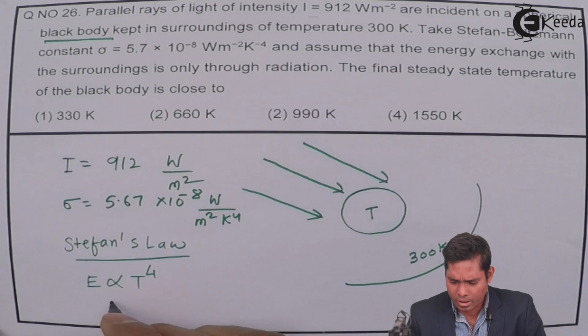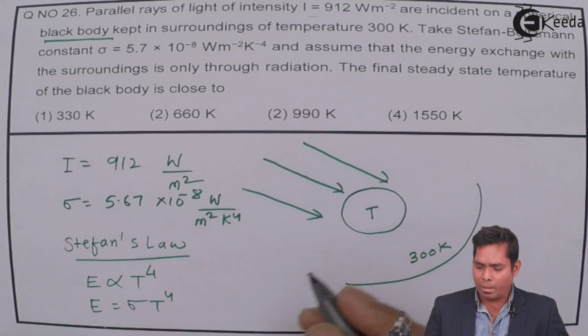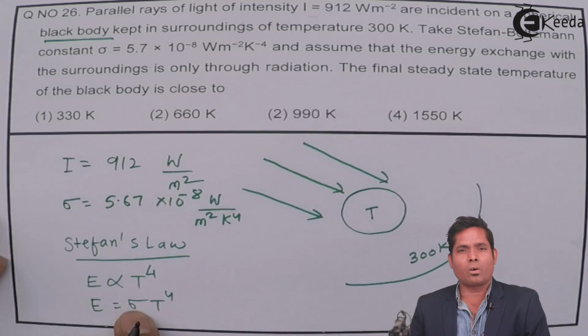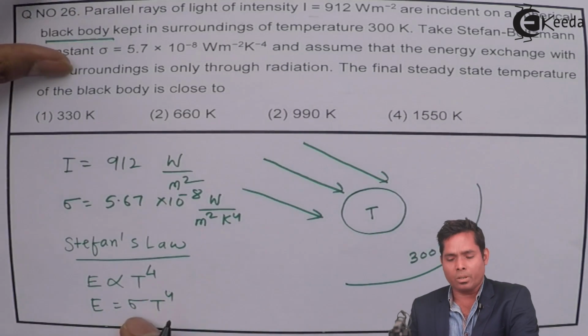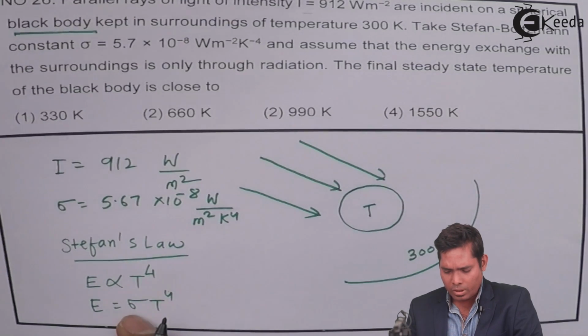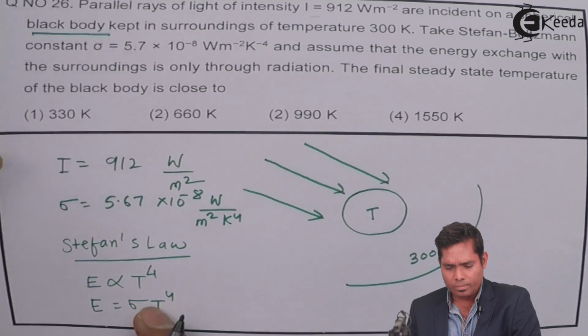For a black body there is no introduction of emissivity, emissivity becomes 1, so E equals sigma T raised to 4.